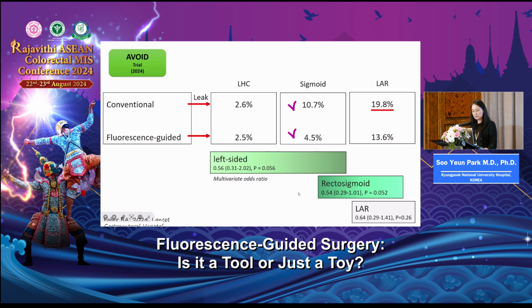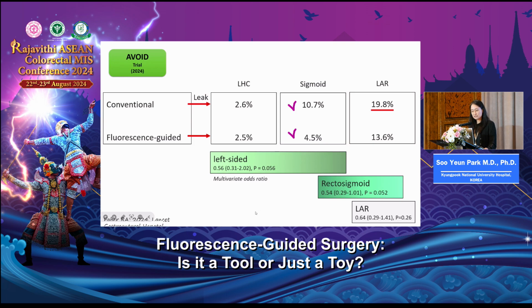The biggest difference was found in patients with sigmoid colon. The leak rate could be reduced from 10% to less than 5%. In the left-sided colon, the difference was not statistically significant, but nearly significant. And in patients with rectal cancer, the leak rate was slightly reduced, but there was no statistical difference.